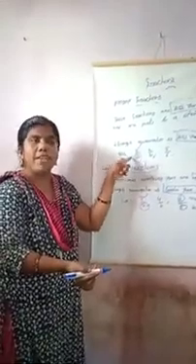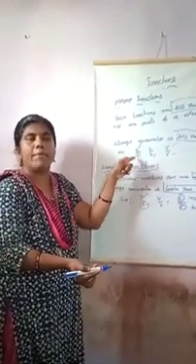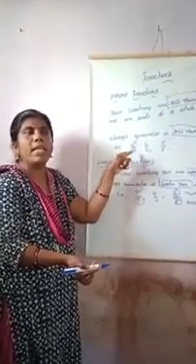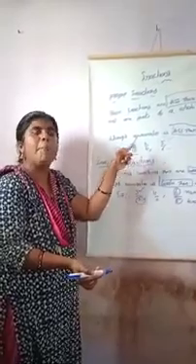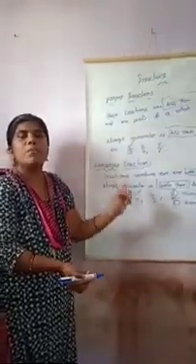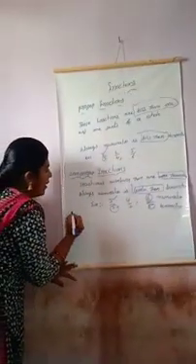In a proper fraction, the denominator is the bigger number. In an improper fraction, the denominator is the smaller number.